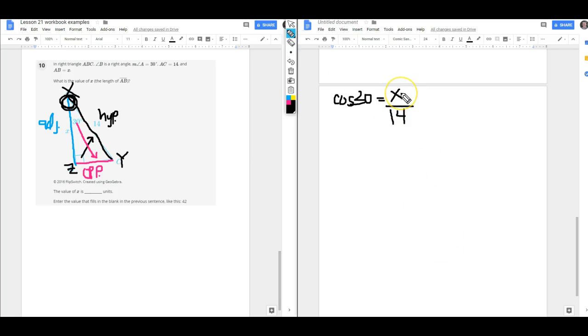Now I want to solve for x, and x is being divided by 14. So in order to move the divided by 14, we multiply by 14 to both sides. So 14 times cosine of 30 is 14 times cosine of 30. That's going to equal, any number can be written as a fraction over 1. And remember, multiplying fractions, you multiply straight across.